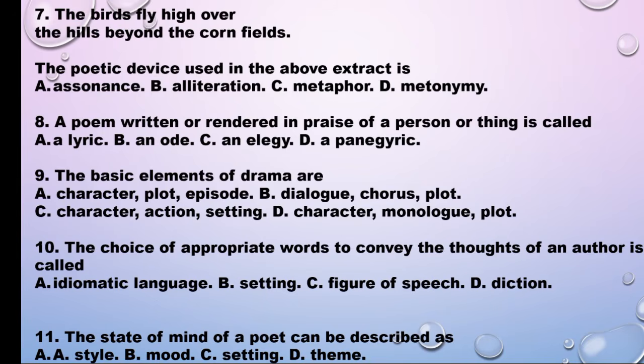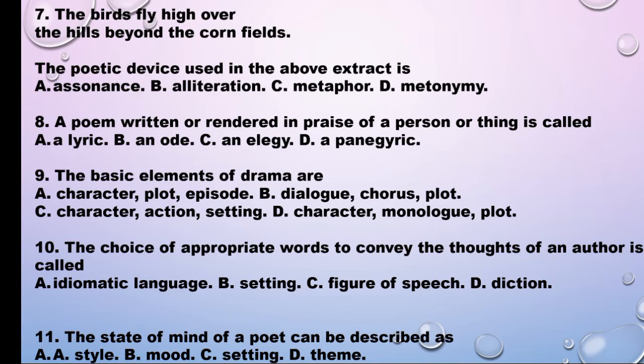Question 7, the birds fly high over the hills beyond the cornfields. The poetic device used in the above extract is assonance, alliteration, metaphor, metonymy. So now let's go back to the extract.